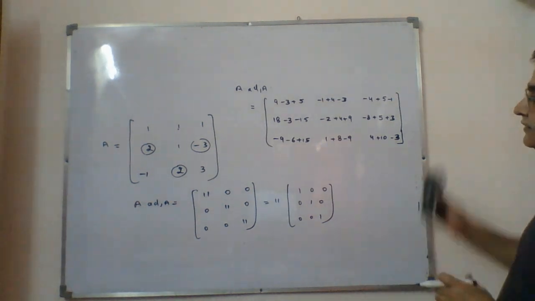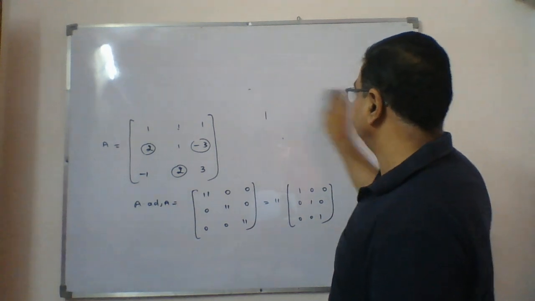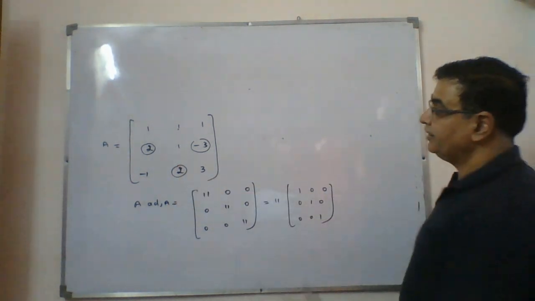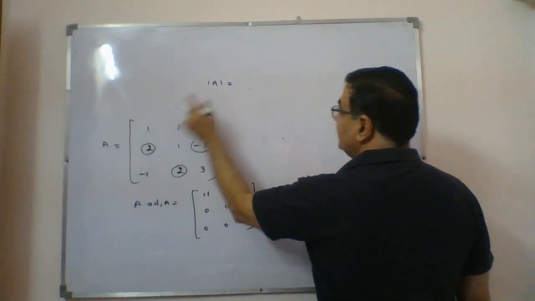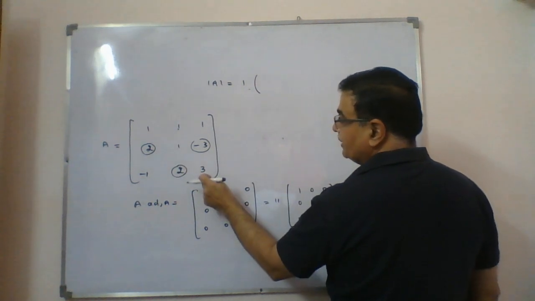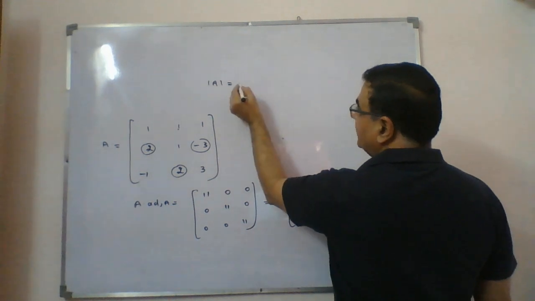To get this, I now calculate the determinant of A. This is A, and you know how to calculate determinant A. I told you earlier, this element is 1 into the determinant 3. I told you this method, I'll just revise it.